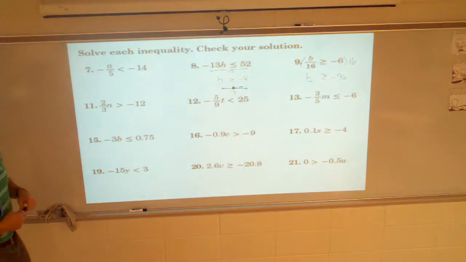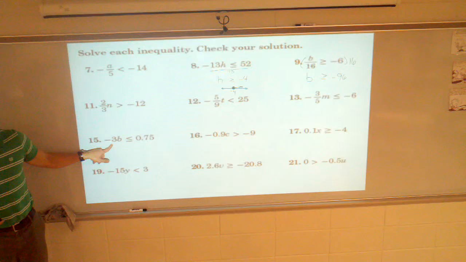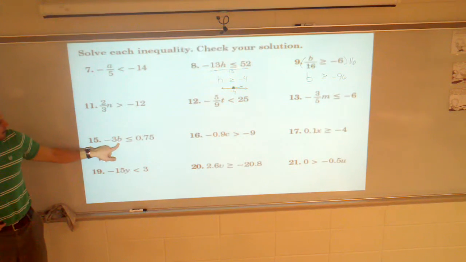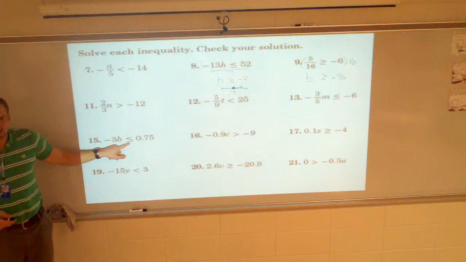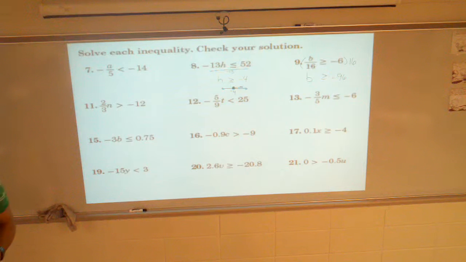Let's look down here. I just want you to tell me whether I'm going to flip the sign or keep it the same. Right here: negative 3b is less than or equal to 0.75. Everybody just on your whiteboard write F for flip, S for same.